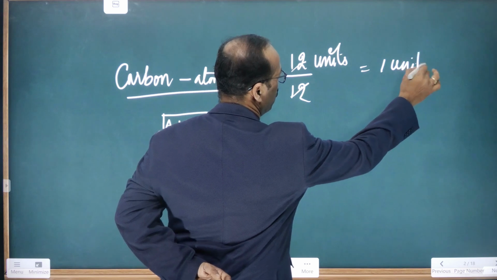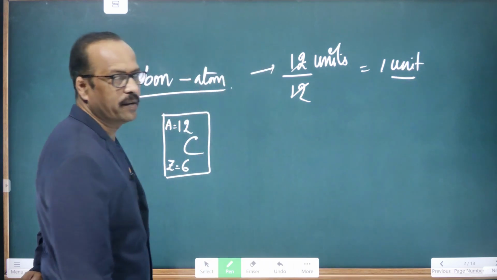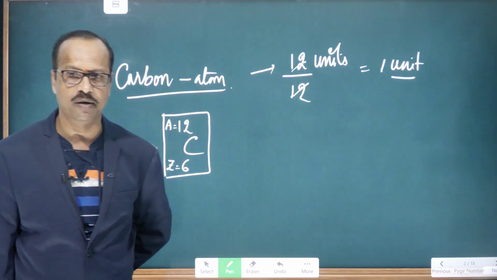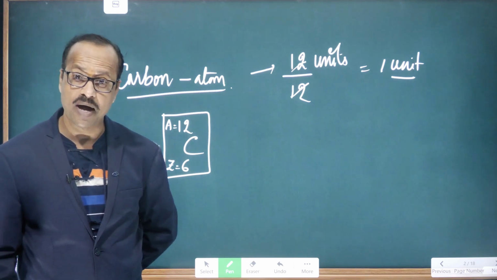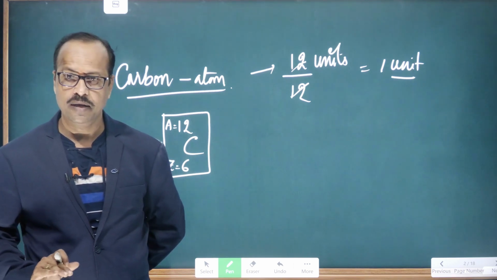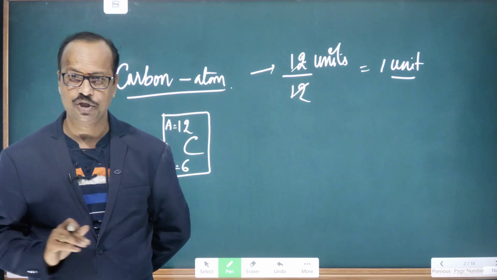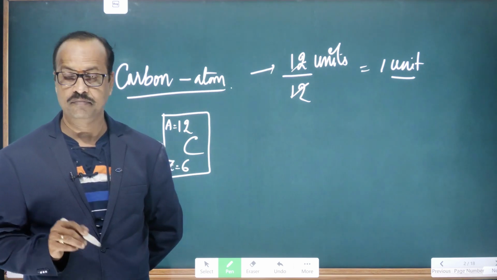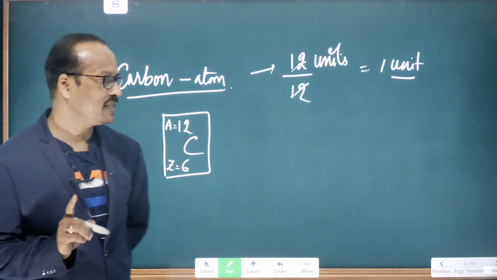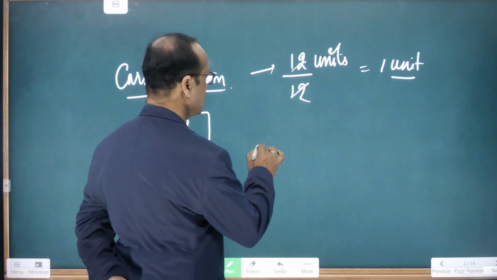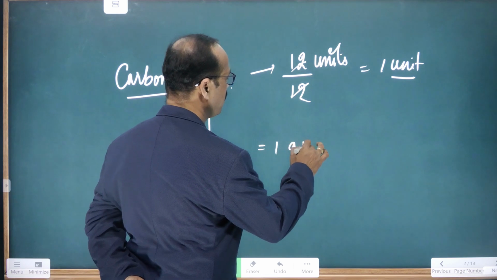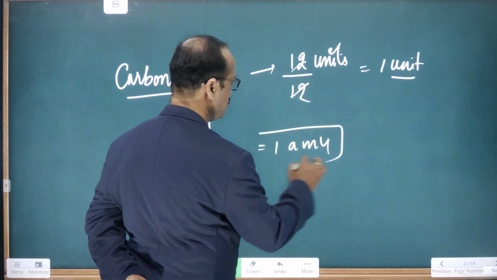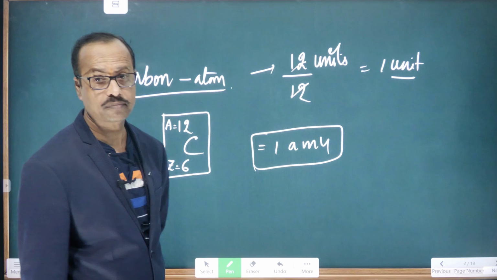Whatever mass you get by dividing the mass of carbon by 12 is considered as 1 AMU, 1 atomic mass unit. Is this clear to you?